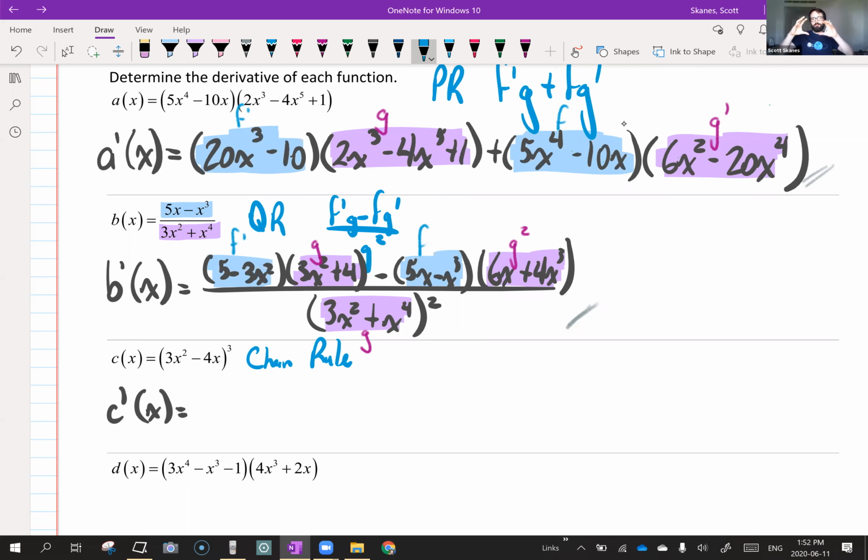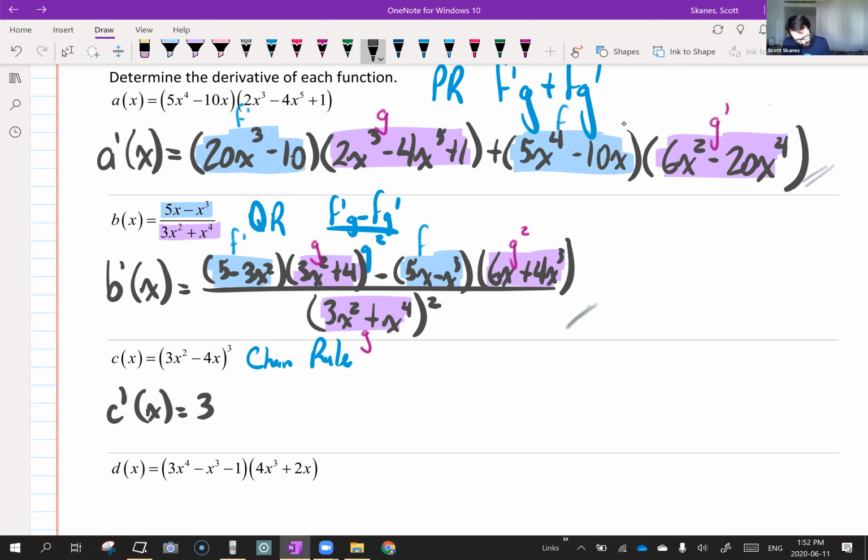So when you do one big chain of functions, it's chain. Power rule is if you have something like this, you just have a constant and a simple x. Chain rule is if we have that form, but there's a function inside. That's the difference. But as long as you know what you're doing, it doesn't matter what you call it. You can do it in any language. Math is its own language.